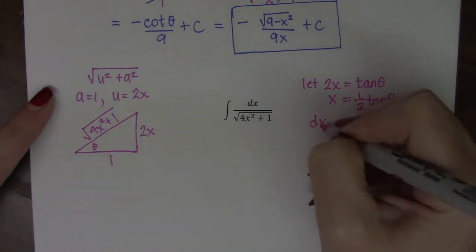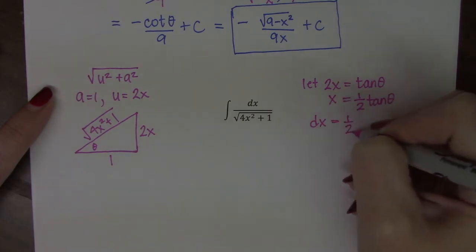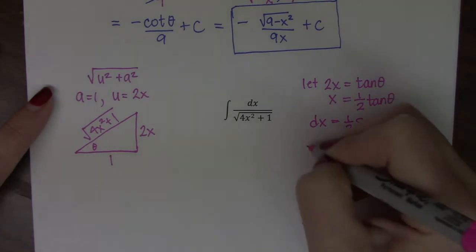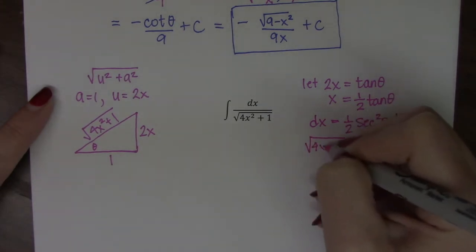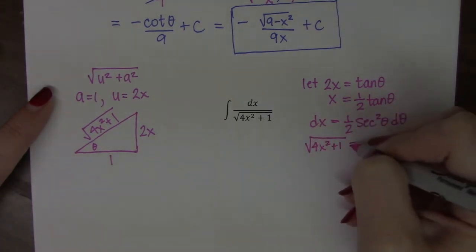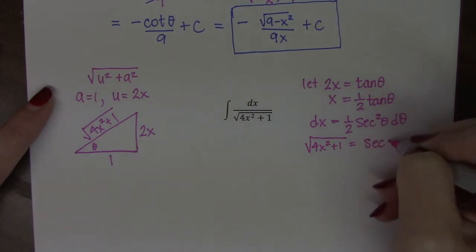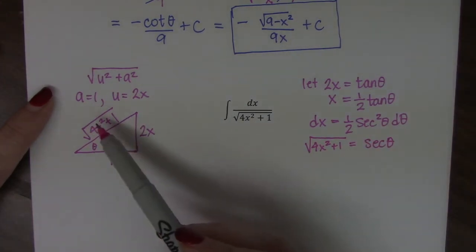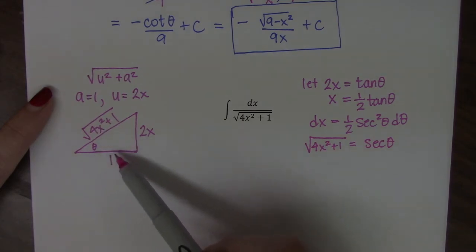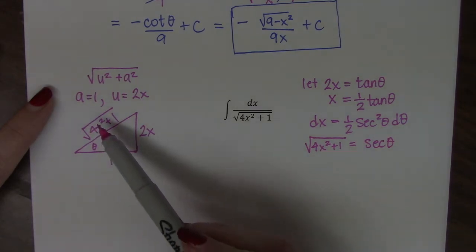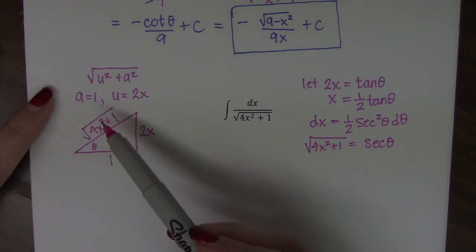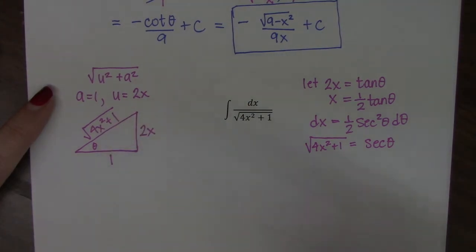Then we calculate dx. That's 1/2 secant squared theta d theta. And the radical, 4x squared plus 1, is going to just be secant theta, because the radical is the hypotenuse, and adjacent over hypotenuse is cosine, but we want to solve for the radical, so we want hypotenuse over adjacent.